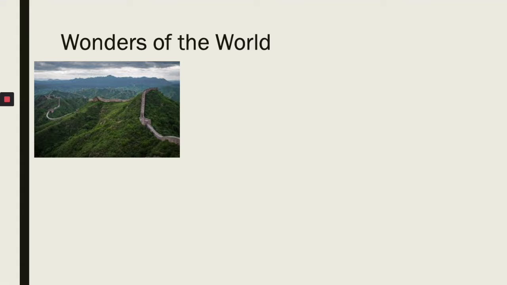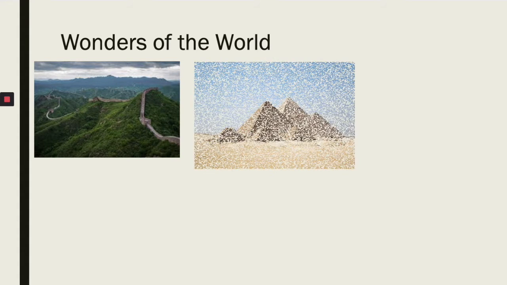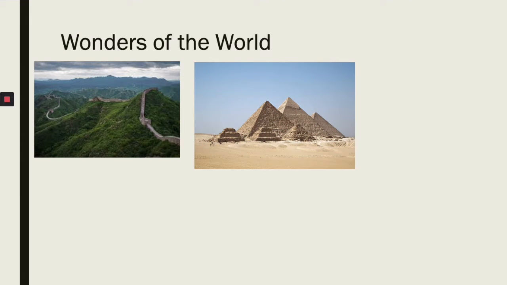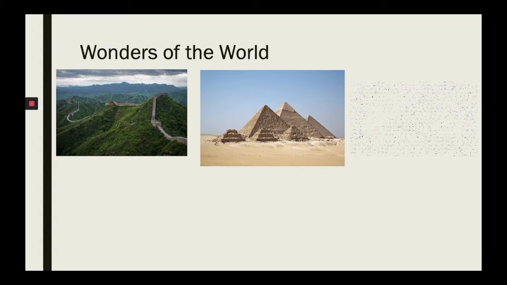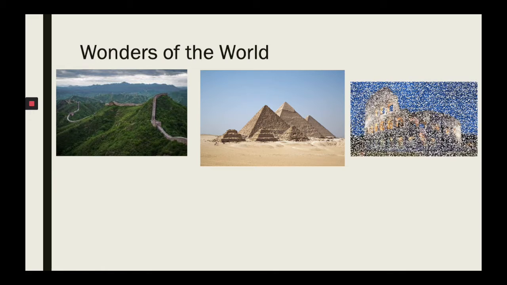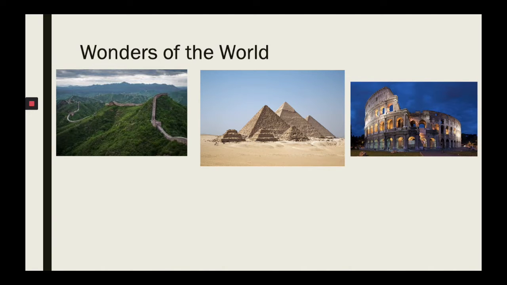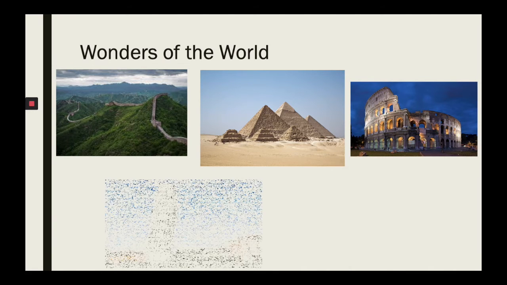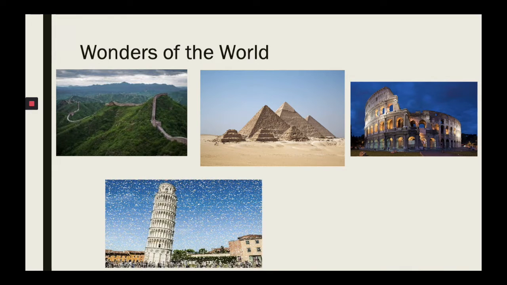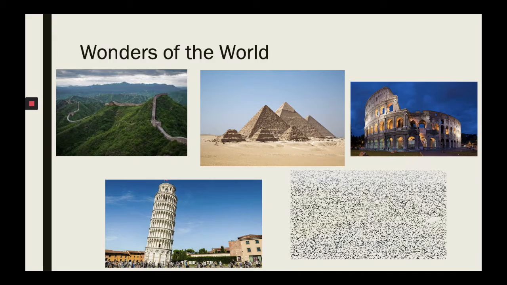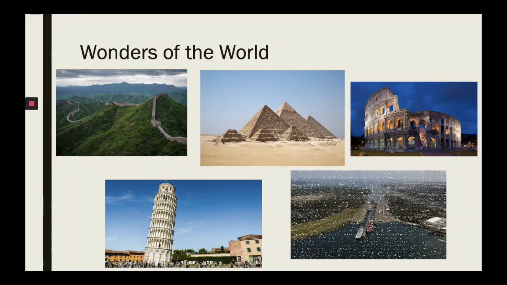We have the Great Wall of China, the Roman Colosseum, Leaning Tower of Pisa, and the Panama Canal is quite a wonder of the world. And we will learn all about that today.